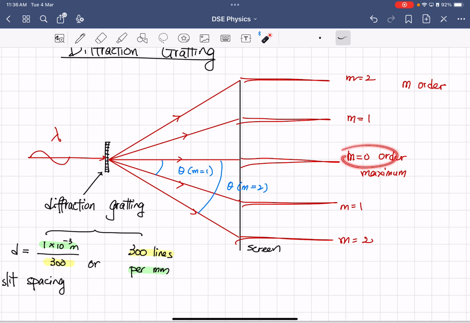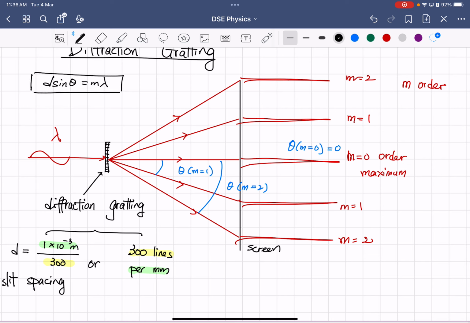For m equals 0, that is very simple: theta is just equal to 0 for the 0th order maximum. But for m equals 1, 2, 3, they are all different. Okay, with all this defined, we have d sine theta equals m lambda. This is the equation for the diffraction grating.